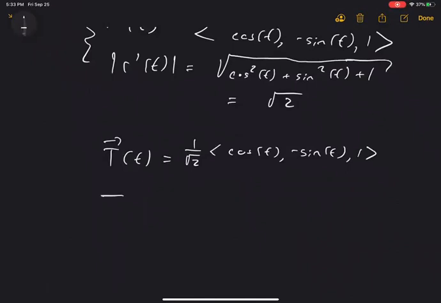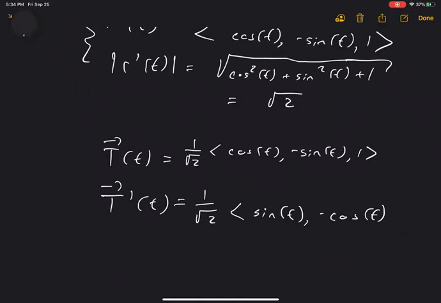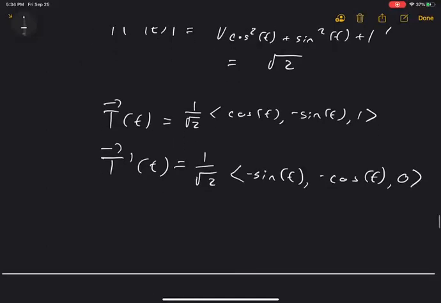Next thing to do, you want to find T prime of t. So you just differentiate this. You take the derivative inside the vector.